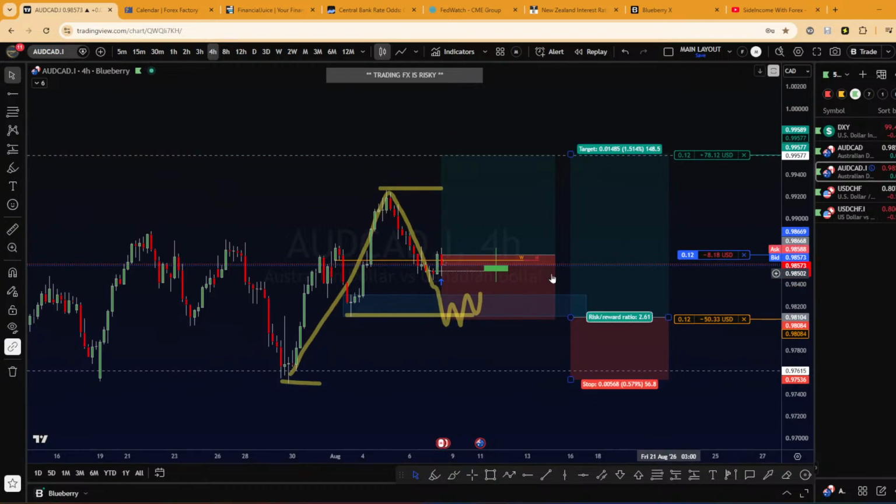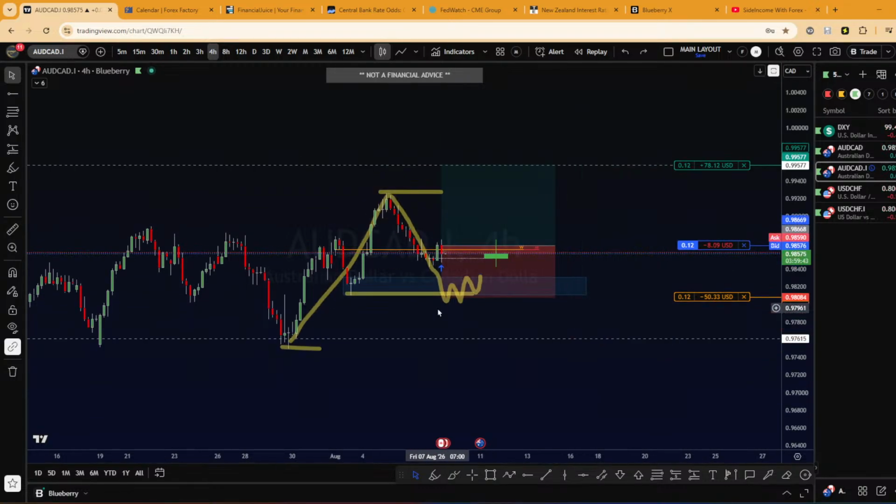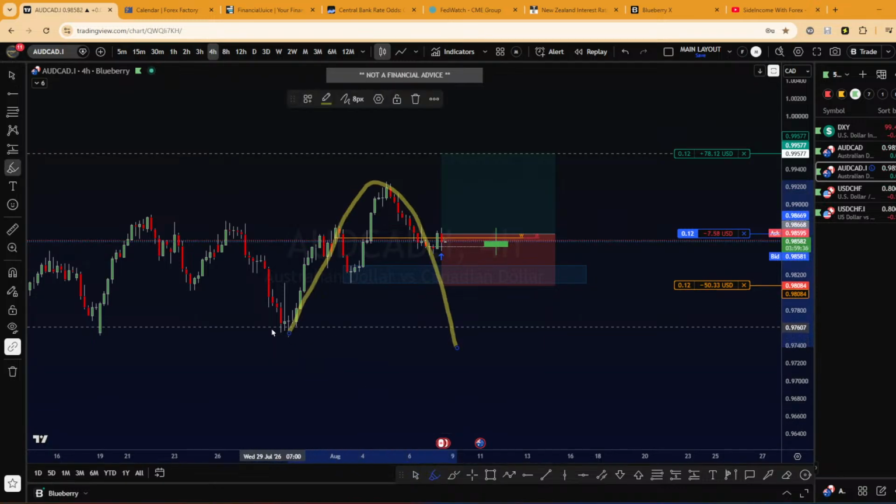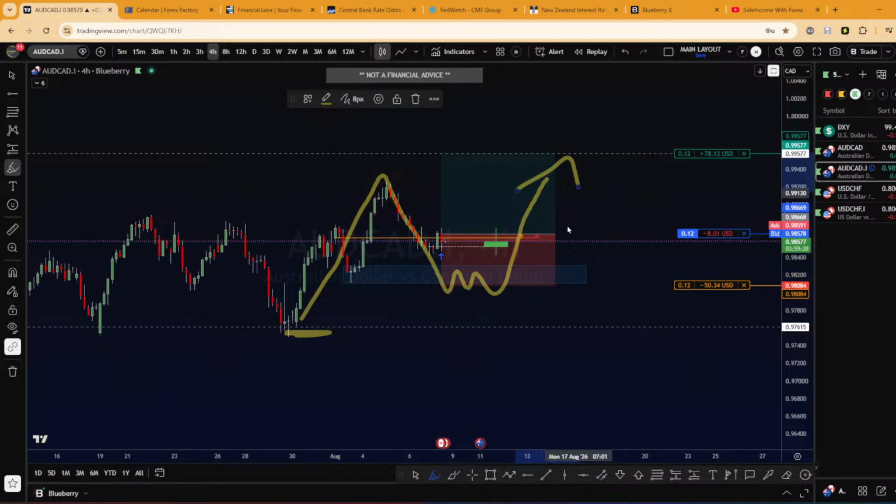But if, for example, the trade starts to break this low, because this low is my last line of defense, if we break below this low, I will let the trade idea go. But as long as we are not breaking this low, the trade idea for me is still okay to long this pair.